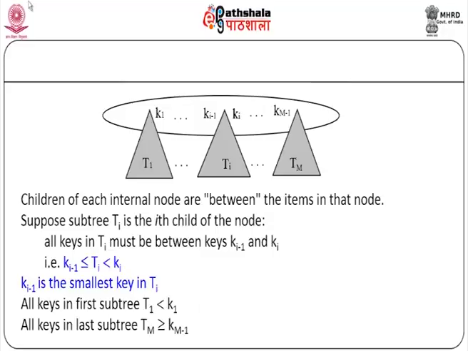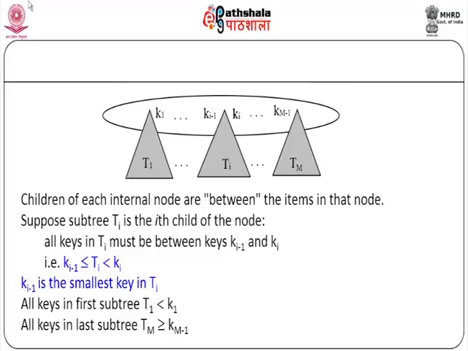Now, let us take the keys k1 to km minus 1 and the trees t1 to tm. Children of each internal node are between the items in that node, the values. Suppose you have subtree Ti, which is the ith child of the node. All keys of Ti must be between the keys ki minus 1 and ki.